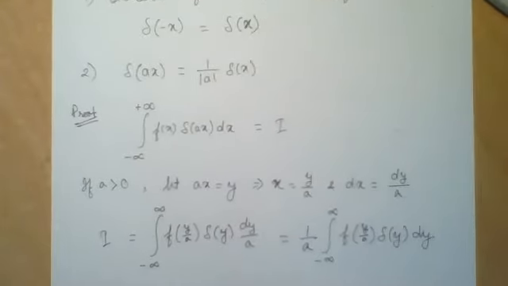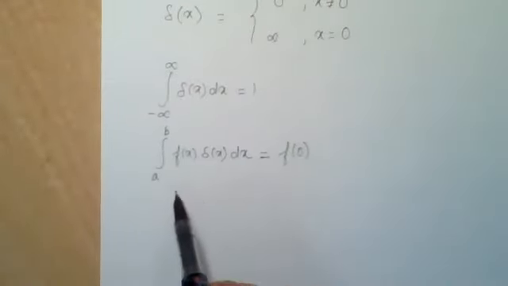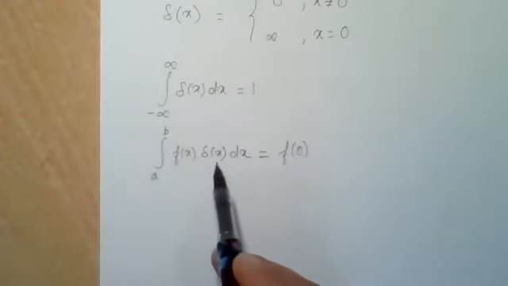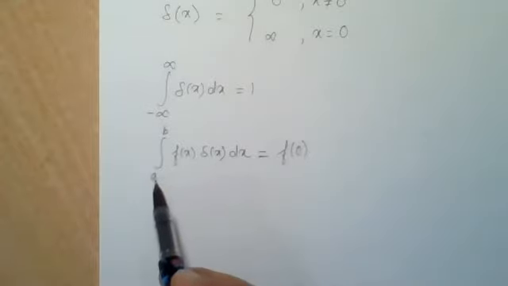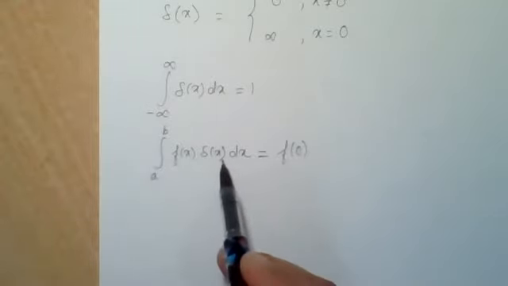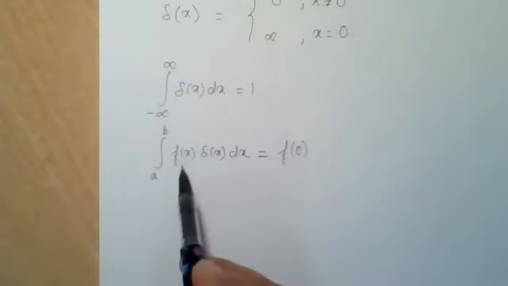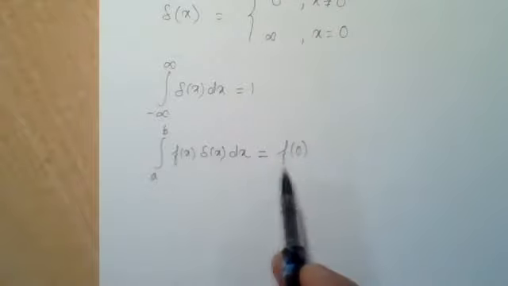Now we get this expression, and let us look at the integral from a to b of f of x delta x dx. If a and b contain the origin, then this is equal to f of 0; instead of x, we replace 0. So we use this property.